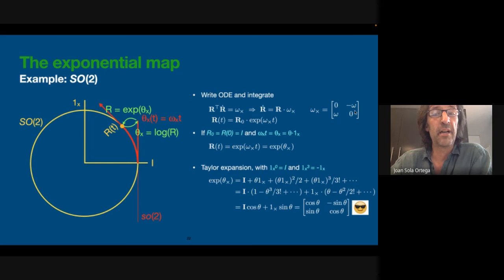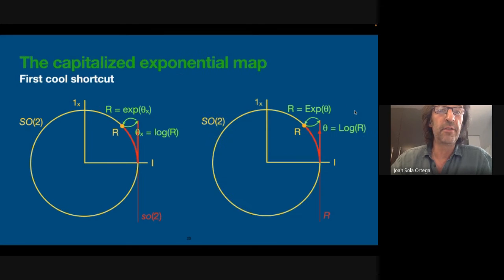These elements are all in some way strange, and they do not generalize easily. So now let's introduce what I call, and some other colleagues call it like this, but this is not part of the theory if you want. This is a first cool shortcut.